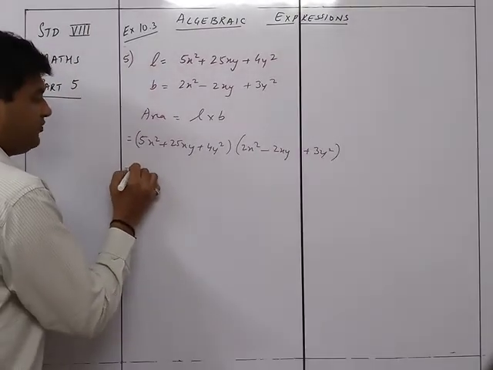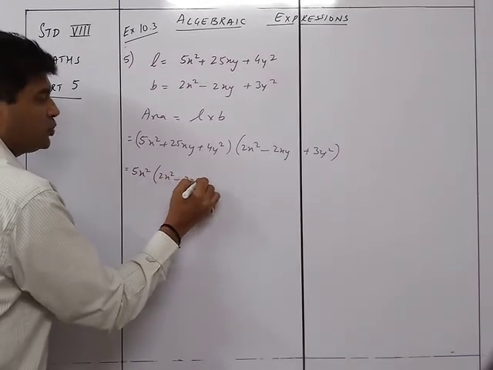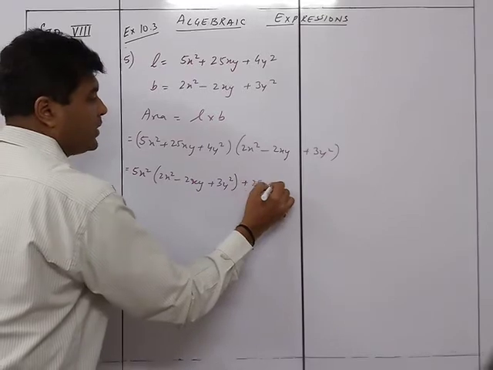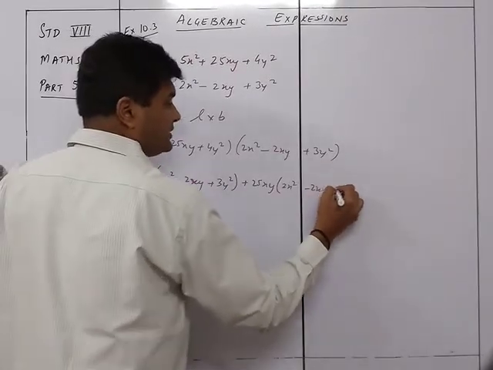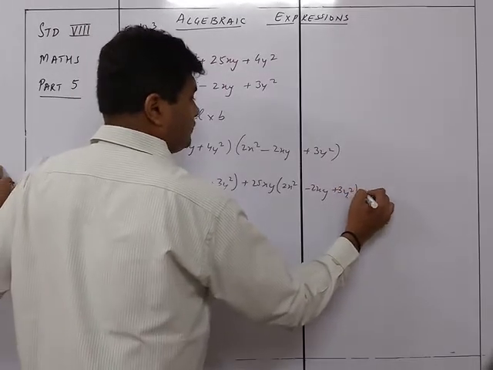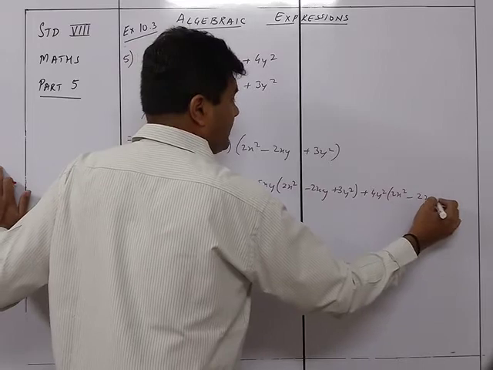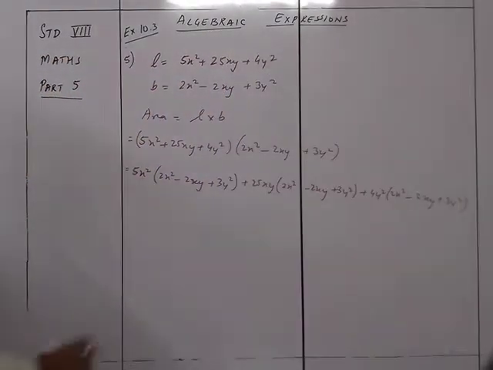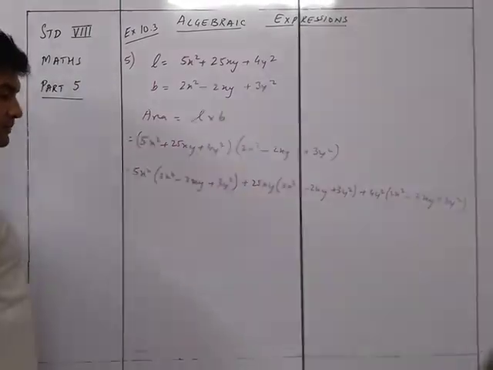So we get over here 5x square into 2x square minus 2xy plus 3y square, plus 25xy into 2x square minus 2xy plus 3y square, plus 4y square into 2x square minus 2xy plus 3y square. So that's trinomial to trinomial multiplication. This into the whole bracket, this into the whole bracket, this into the whole bracket.